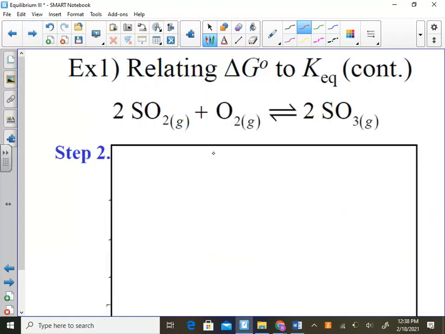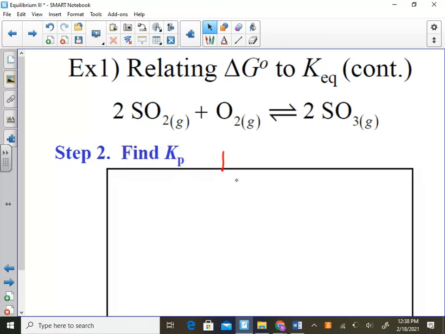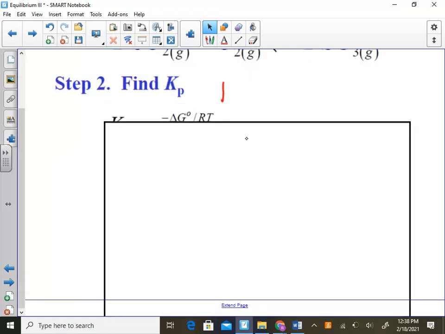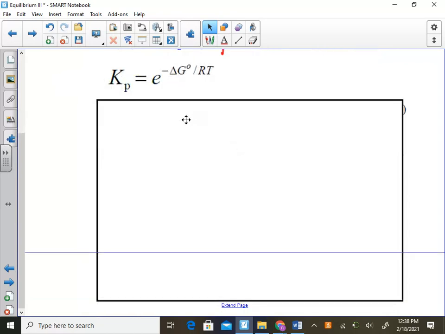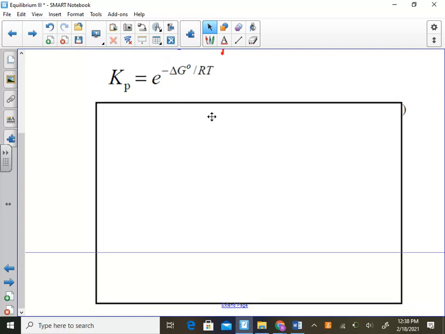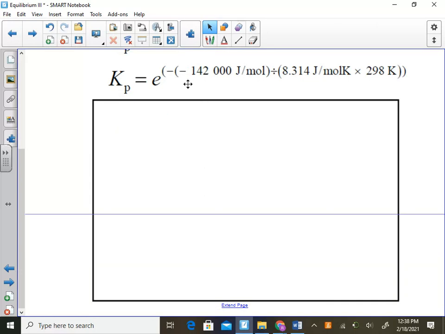Now, if we look at that, to find K, we would use that negative Rat-link equation. And so if we know delta G, we can put e to the negative delta G, and delta G is negative 142 kilojoules divided by the 8.314, that's the R value that you use, divided by our 298.